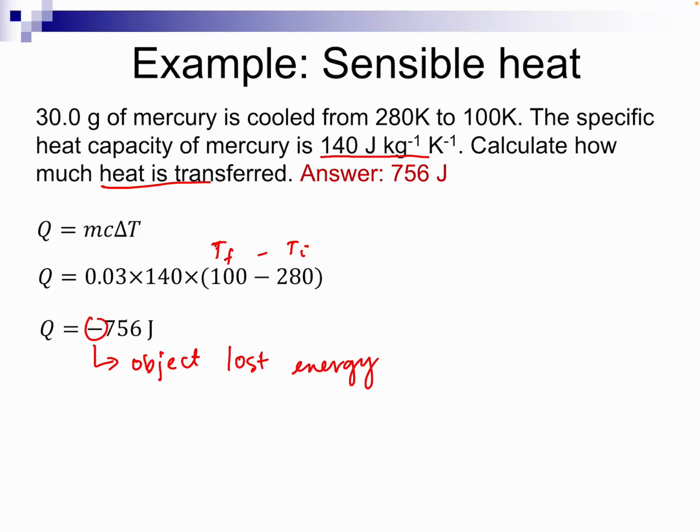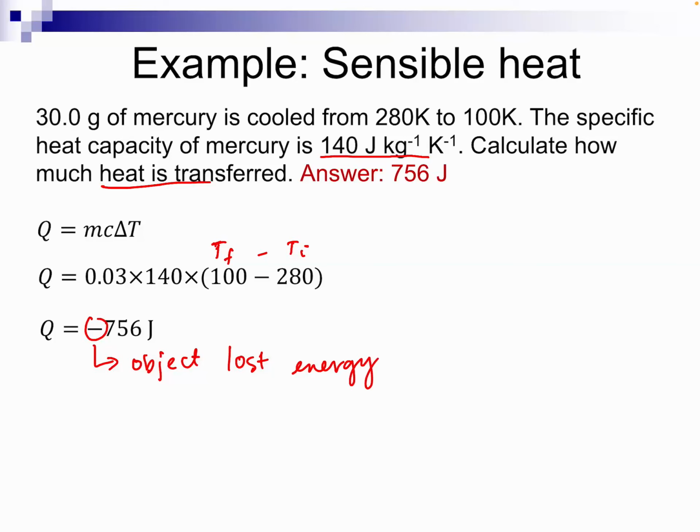So when you're calculating the amount of heat and you get a negative sign, the negative sign means that it's a loss of energy, okay? And that is why the temperature decreased, right? It went from 280 Kelvin to 100 Kelvin because of the loss in energy.